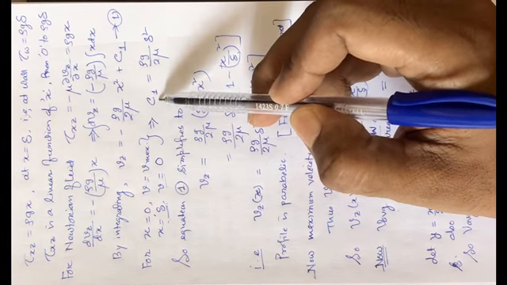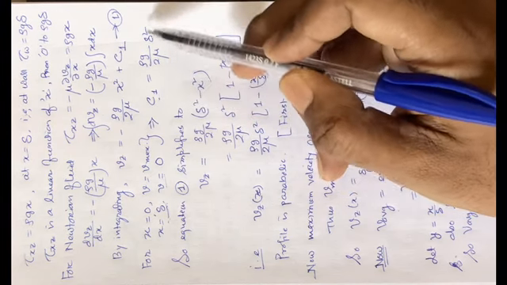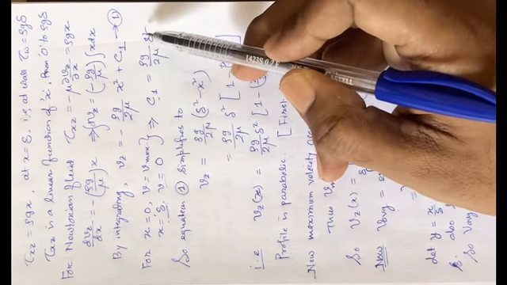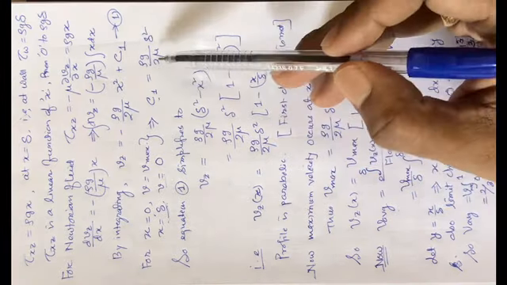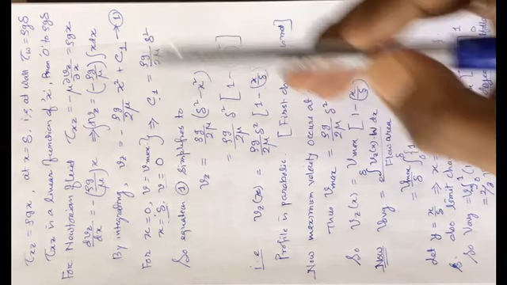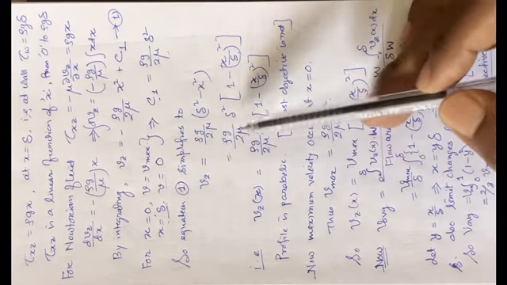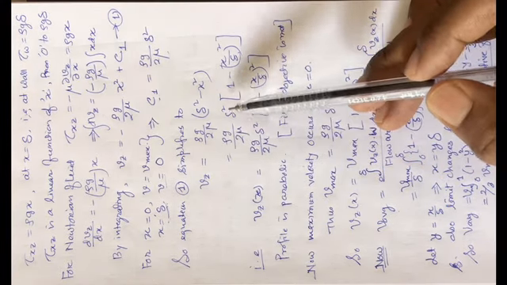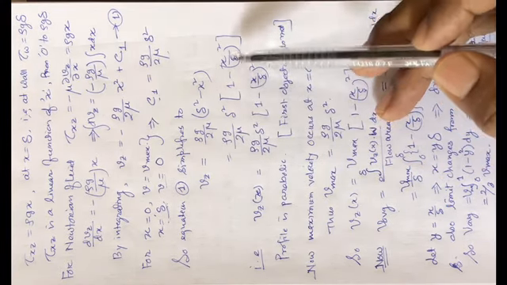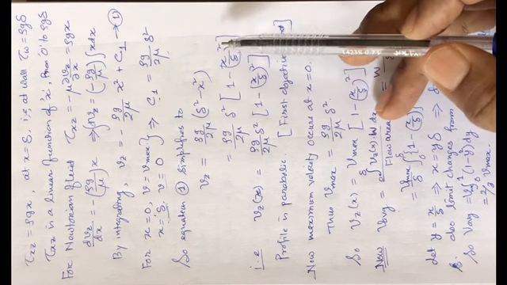Then we get C1 is equal to rho z by 2 mu into thickness square. When we substitute this value of C1 here, we get Vz is equal to rho z by 2 mu into thickness square multiplied by 1 minus x by thickness square.